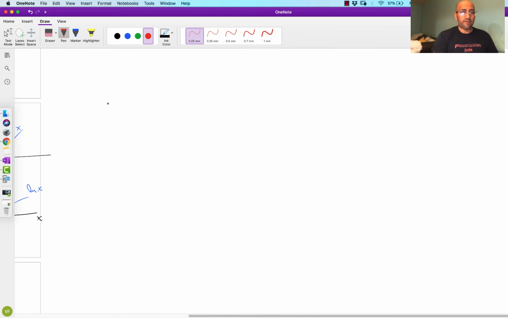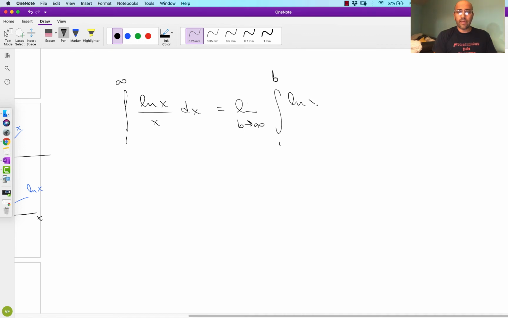So now let's find the integral from 1 to infinity of ln x over x dx, which is equal to the limit as b goes to infinity of the integral from 1 to b of ln x over x dx. We can easily figure this out by doing a u substitution.